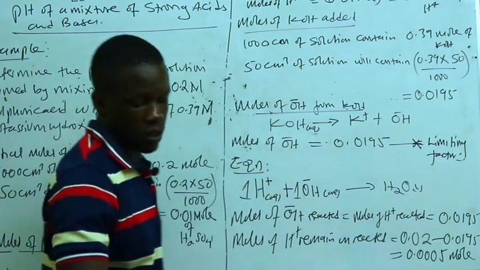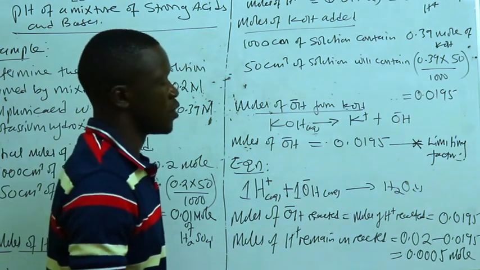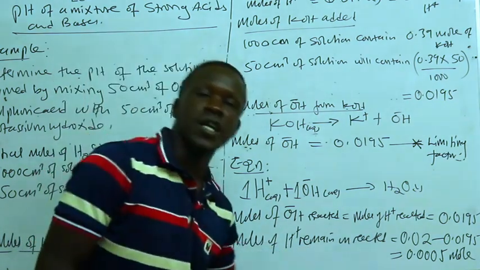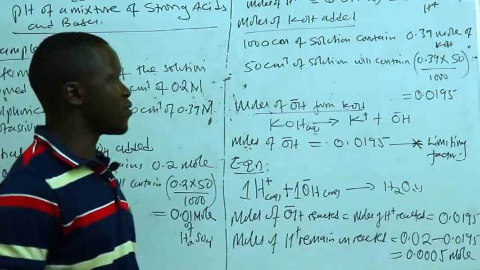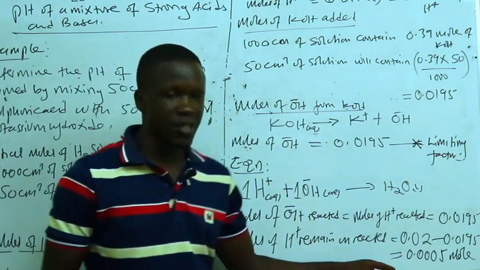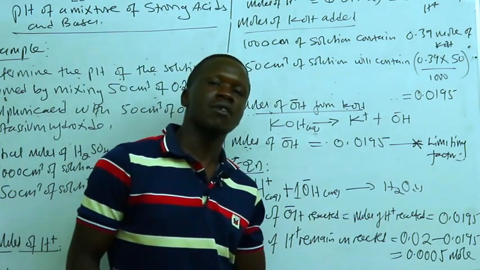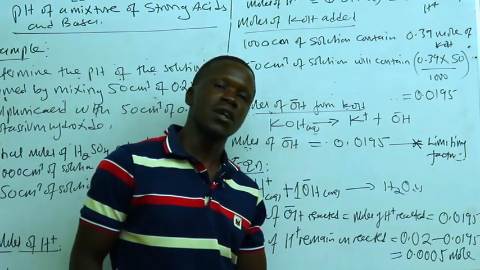And so the question is, what is the pH of the resultant solution? The pH of the resultant solution must be less than 7, because the solution has excess hydrogen ions.